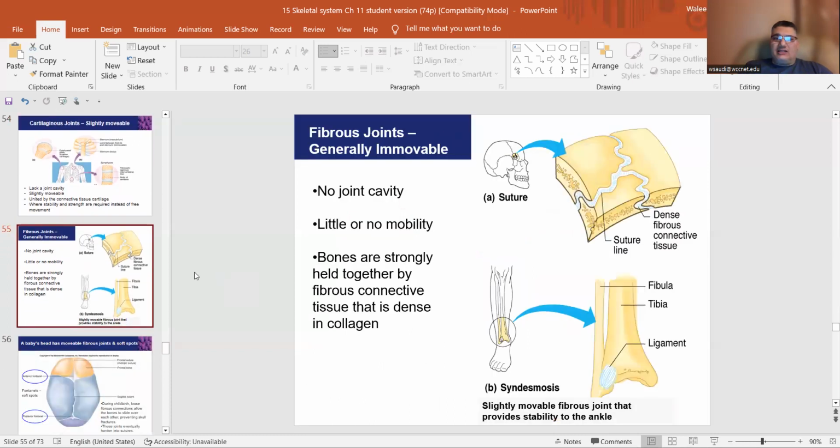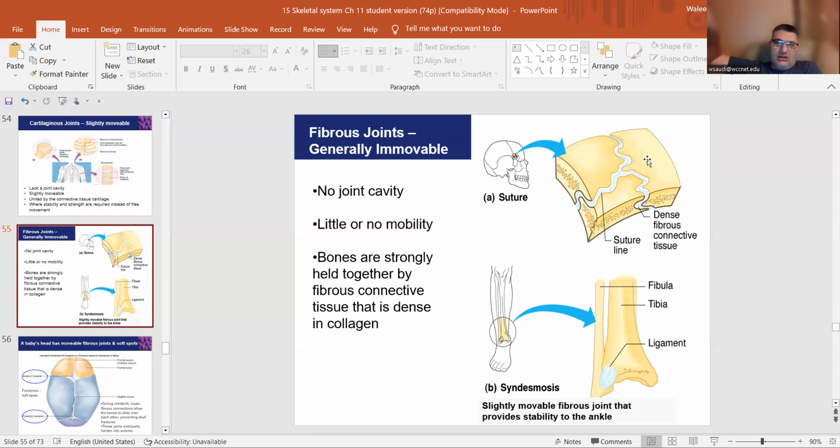The last one is fibrous. Look at this. Can you move the bones of your own skull as an adult? If I do this, is the bone moving? No, it's not moving. I know in a newborn it is movable, but I'm not talking about this.